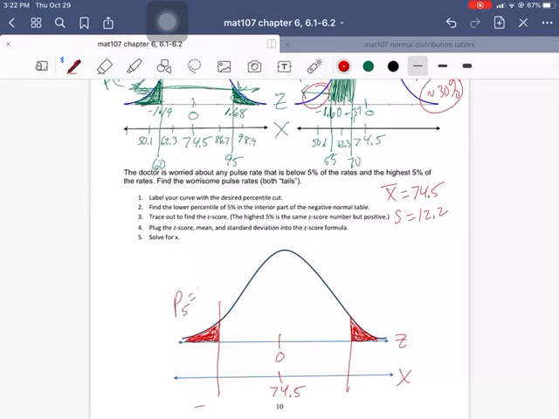This is P5, or P equals 0.05, right, for 5%. And I need to work backwards to get my z. So I need to go to the negative table because it's on the negative side, right? I need to go to the negative table, and I've got to find 0.05, all right?